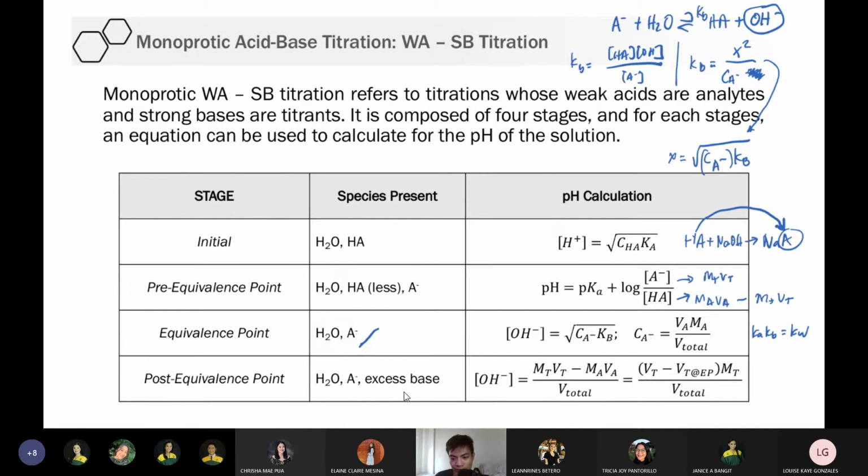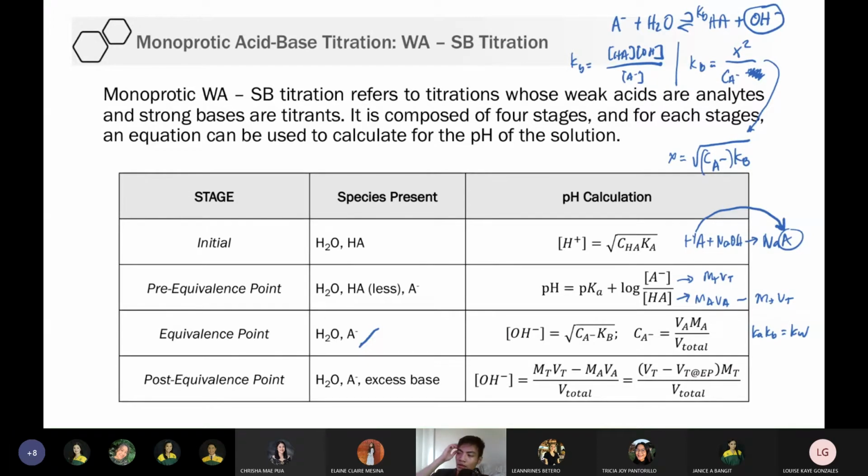Of the three species present, sino ang magko-contribute sa pH ng solution? E di kung sino yung mas malakas. Sino mas malakas? Yung conjugate base or yung strong base? E di malamang yung strong base. Okay? Strong base yung magko-contribute sa pH ng solution.